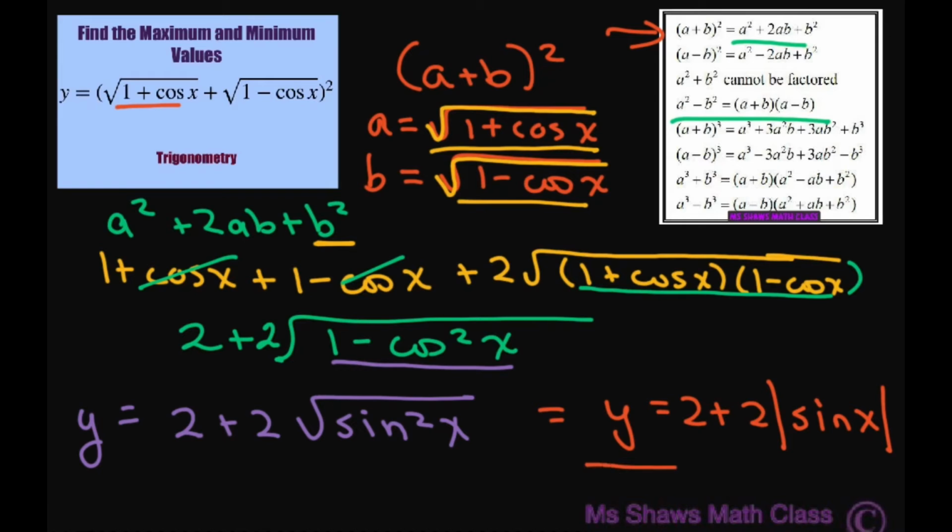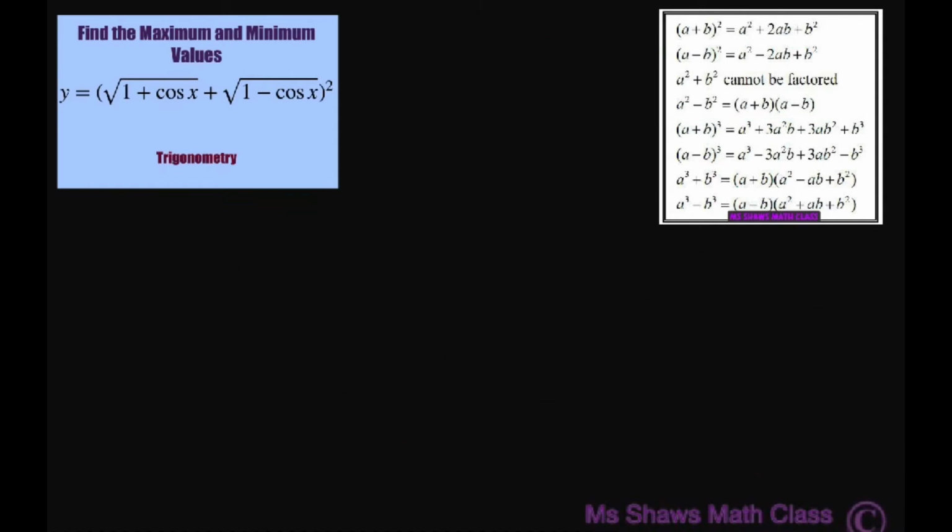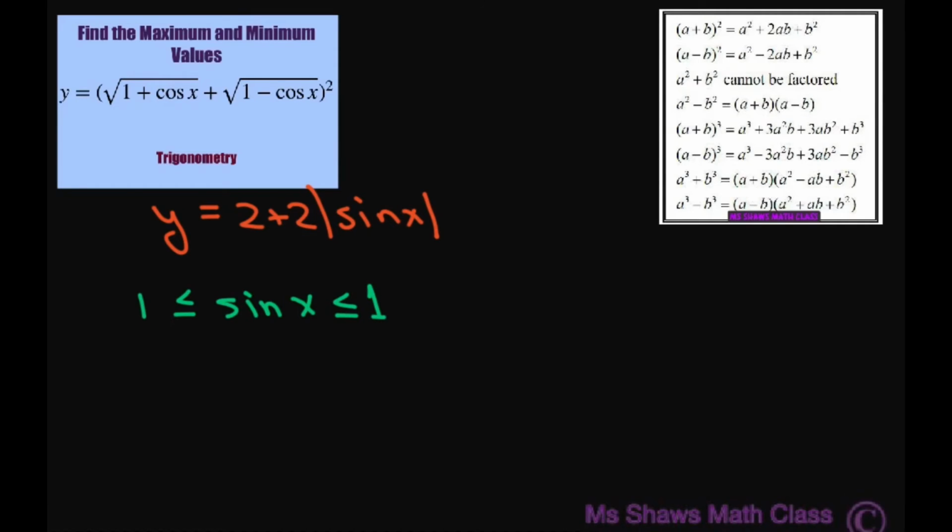All right, now that that's all simplified, we're going to find the maximum and minimum values of this. So let's do that. We have y equals 2 plus 2 times absolute value of sine of x. All right, and we know that sine of x is less than or equal to 1, but greater than or equal to negative 1.